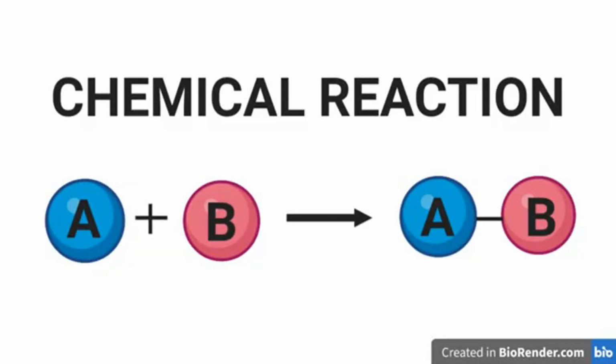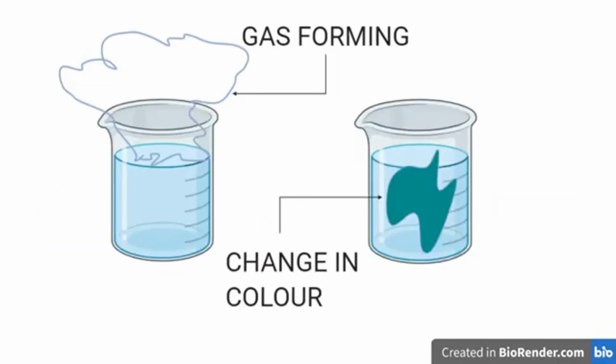A chemical reaction is a process by which one or more substances are rearranged to form different substances. In order for a chemical reaction to occur, particles must collide with enough energy. Some examples of signals that a chemical reaction took place are gases forming or changing color.